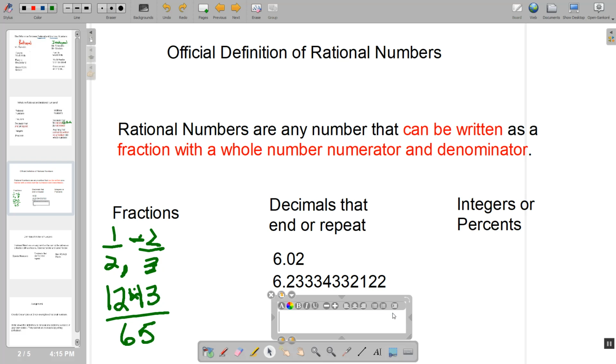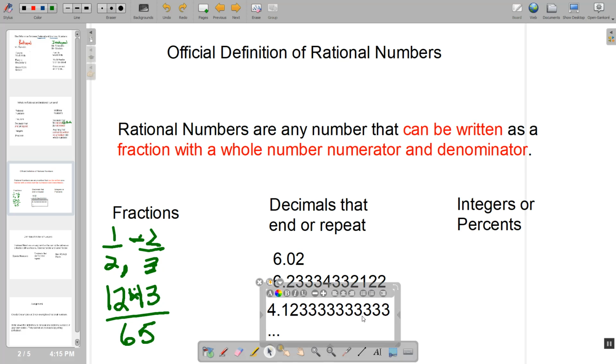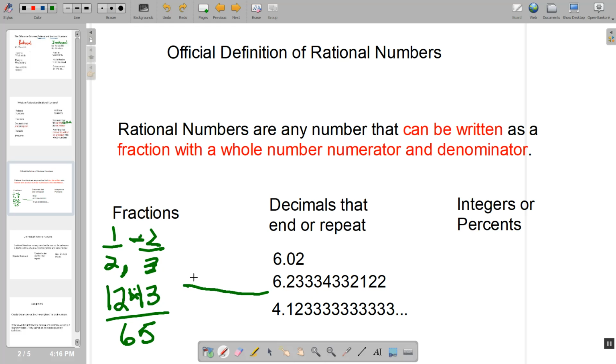And then finally, if you have a number that goes on forever, but it repeats, that would make it a rational number. The reason for that is because decimals that end or repeat can be written as a fraction with a whole number numerator and denominator. It's hard, but it's definitely possible.